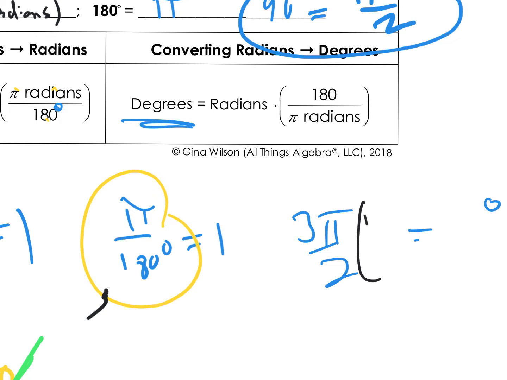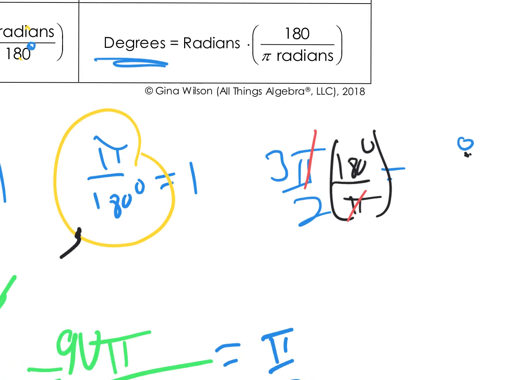This time the degrees has to be at the top in order to get the degrees at the top. 180 over what? Pi. What cancels? Pi. You got lucky in this case. The pi's cancel.